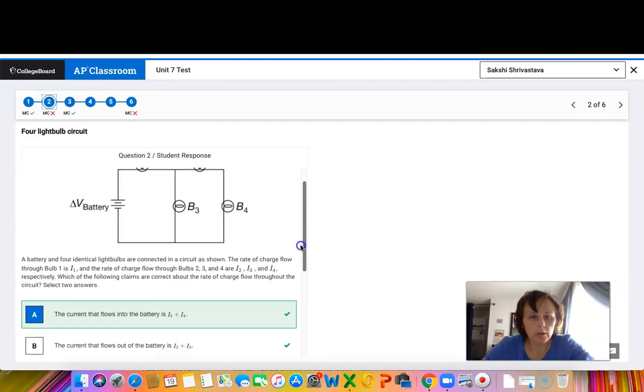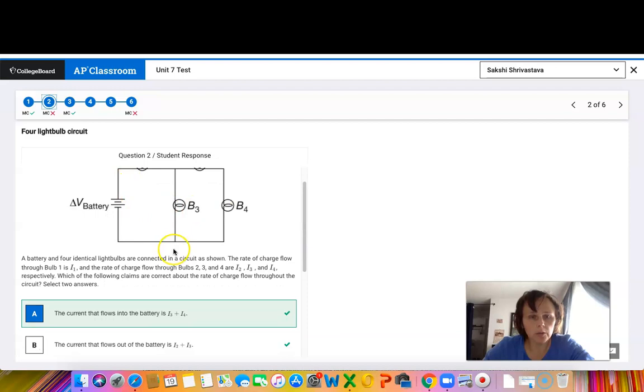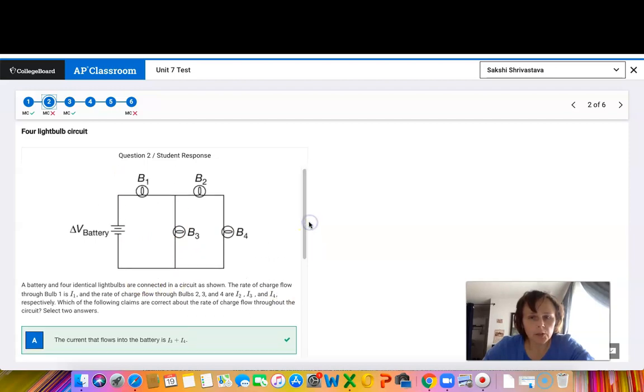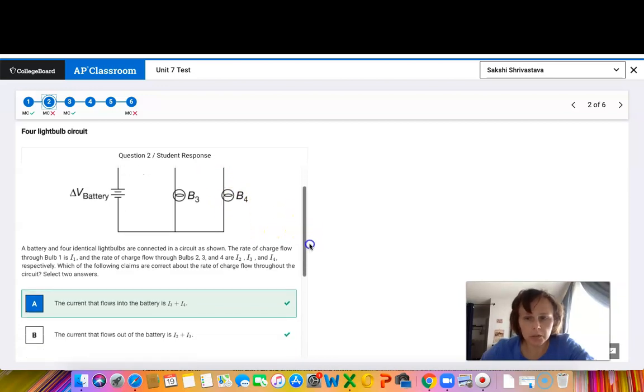What's the current that flows into the battery and out of the battery? And the catch here, I think that some students may confuse it with the resistance. So yes, when you have a series connection, you have to add up the resistances to find the equivalent resistance. However, you're not asked about resistance here, you're asked about the current.